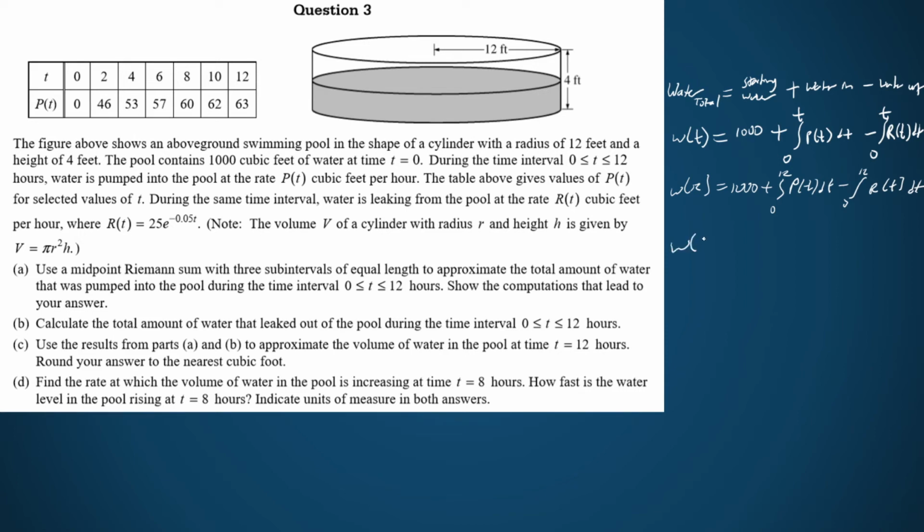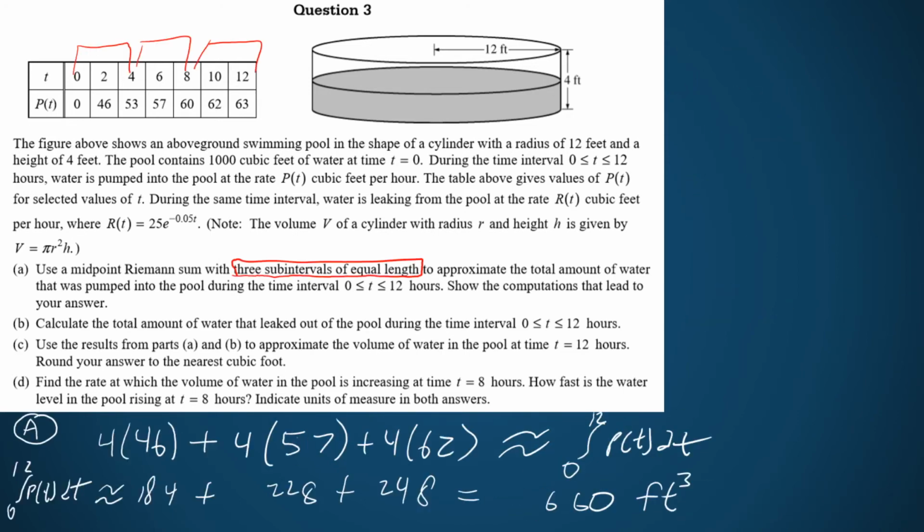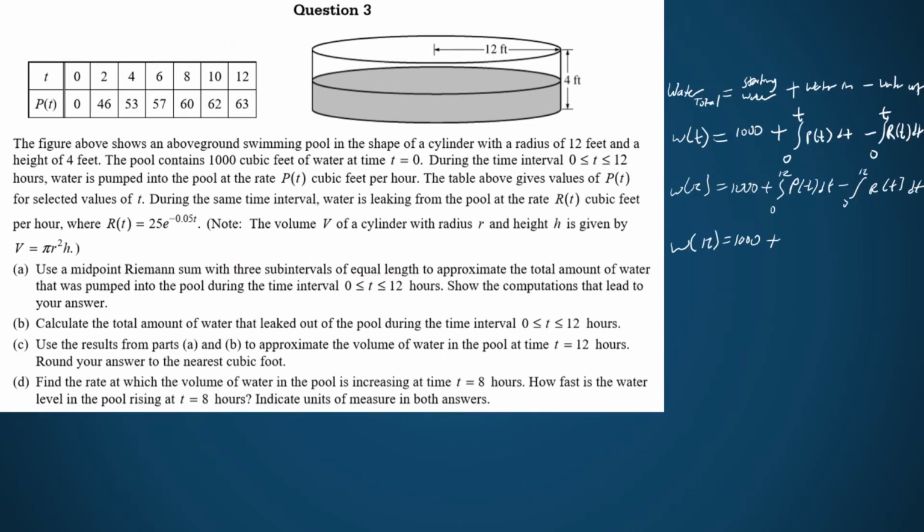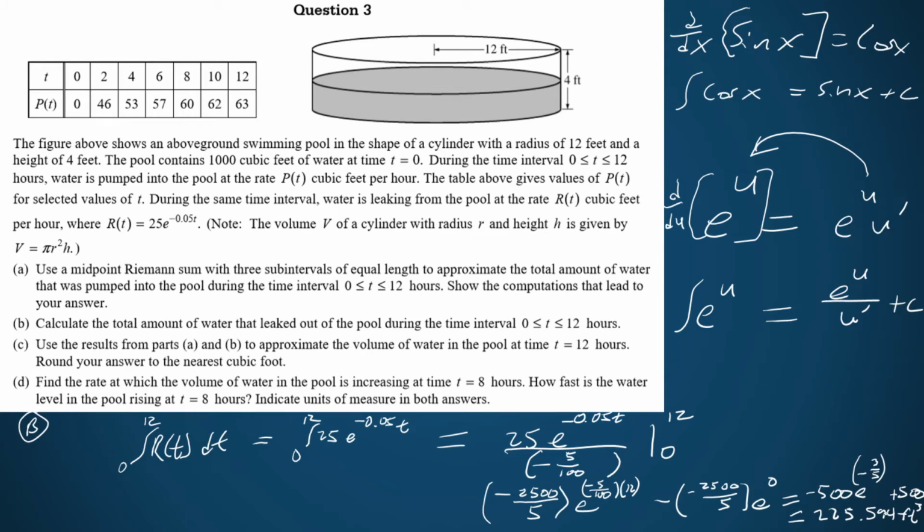And we actually already have those numbers, because in part A we found P(t) at 12, which was 660. And in part B we found R(t) at 12.